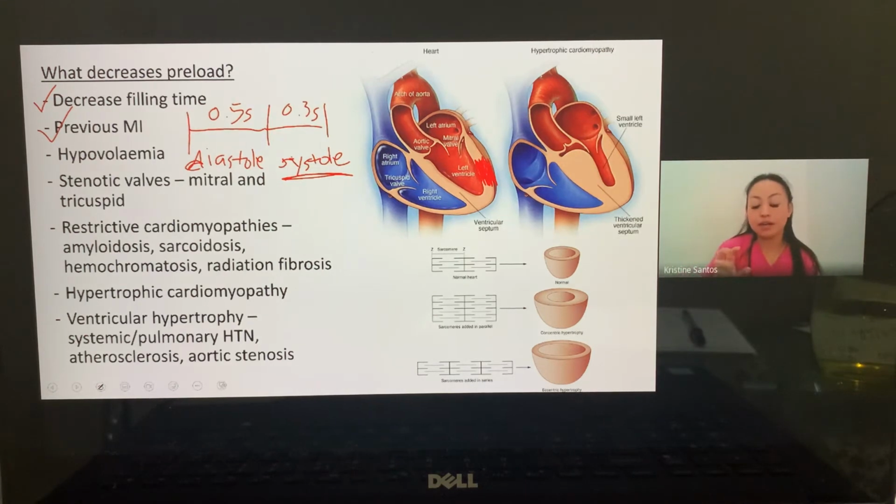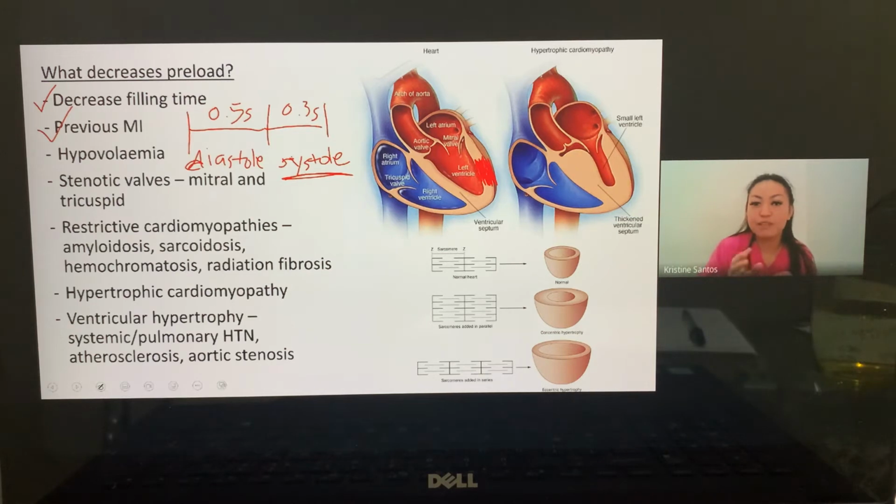So an MI, a myocardial infarction, infarction means death of the tissue in the myocardium. When those cells die, they form scar tissue. So the normal contractile myocardium gets replaced by scar tissue. Scar tissue is not as stretchable, as distensible, as pliable as normal myocardial tissue.